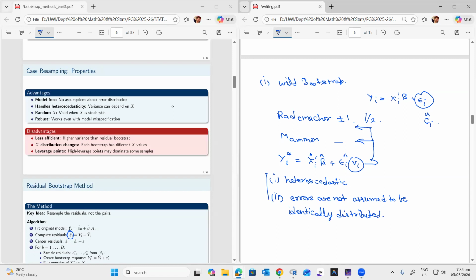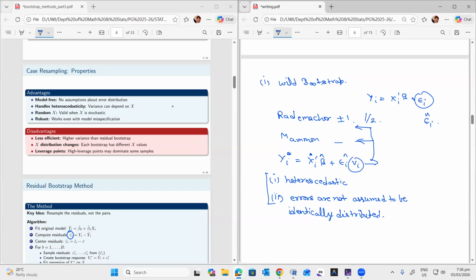These two assumptions we follow in the wild bootstrap method. So we basically use it in heteroscedastic regression, which we mostly use in econometrics.